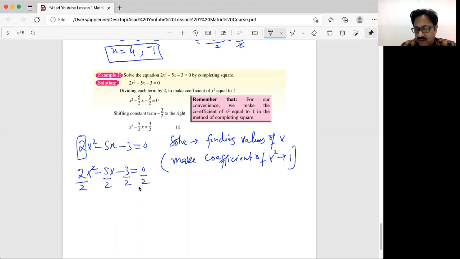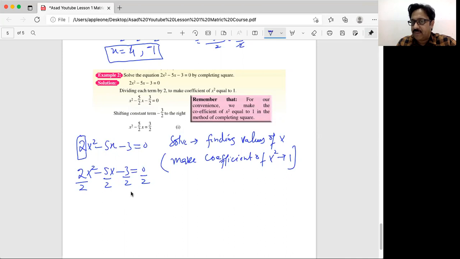In algebra, if you are dividing an equation by a number on one side, you will have to divide the other side, the left-hand side and right-hand side, both, by the same number. If you are adding something to one side, you have to add it to the other side as well.